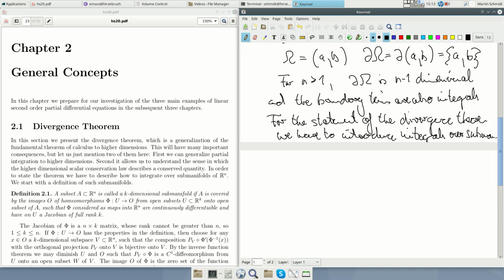So we introduce integration over submanifolds. And before we do this, we first need to understand submanifolds. First, we introduce submanifolds.